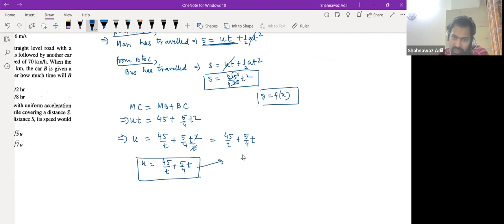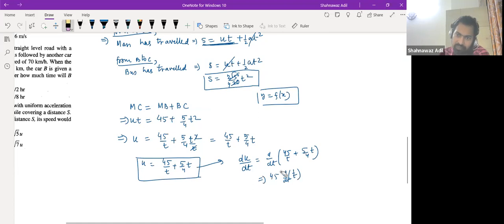So we have to just find dU by dt. This is d by dt of 45 by t plus 5 by 4 t. Right, so 45 is outside and d by dt of 1 by t. 1 by t is t to the power minus 1, and then 5 by 4 dt by dt is 1.